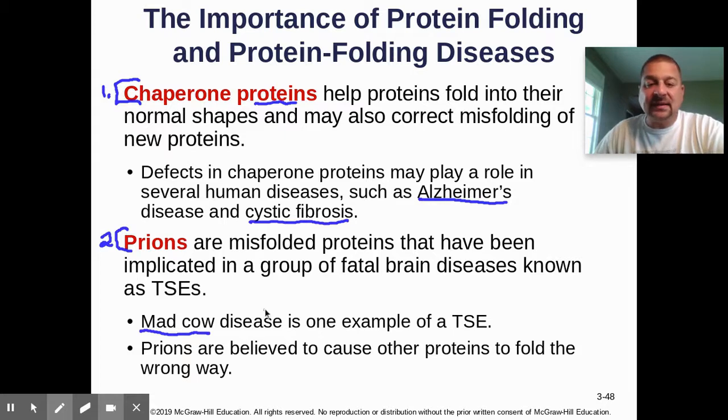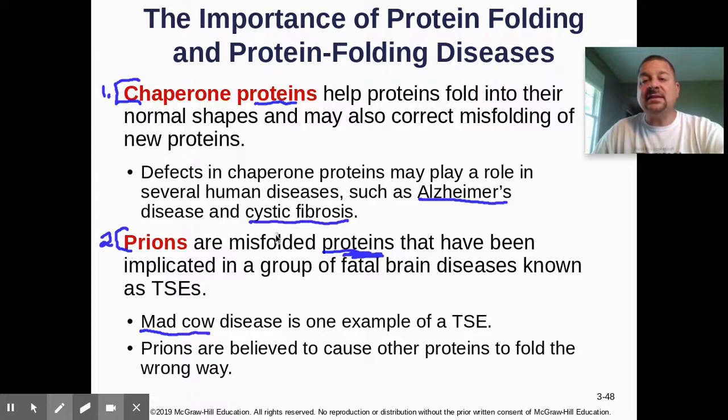And this messes up things in the nervous system. So it's not actually a bacteria or a virus that's causing these, but actually a protein that is causing this disease. And that really threw scientists and immunologists off at the beginning. So these are just some examples of proteins gone rogue that are not working correctly.